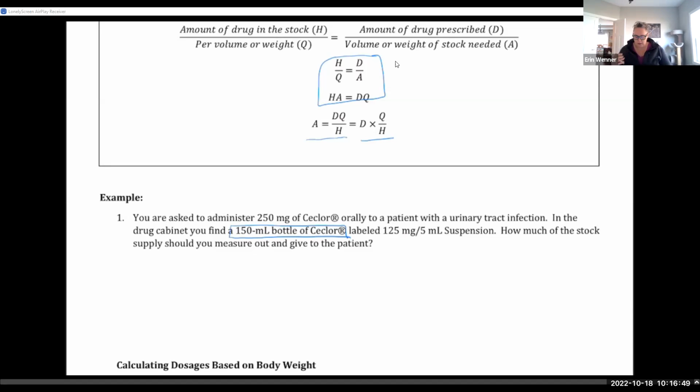So to calculate this, we're going back to the concentration of the drug. They're giving us the amount of drug in stock over the per volume or weight.